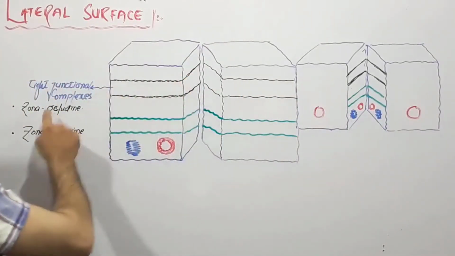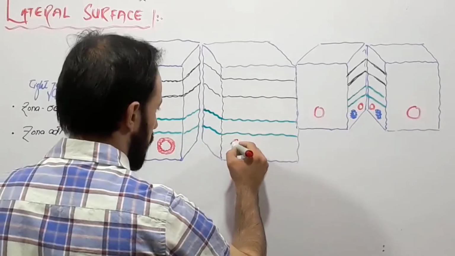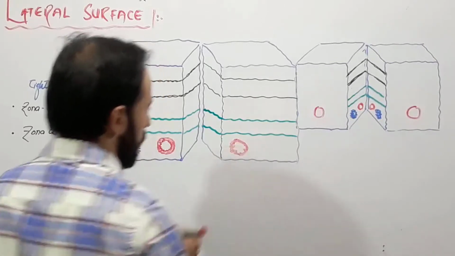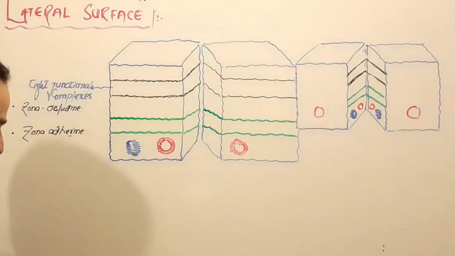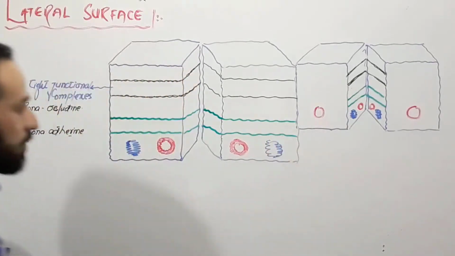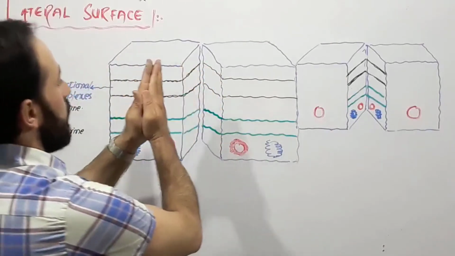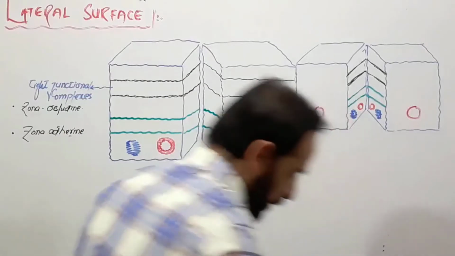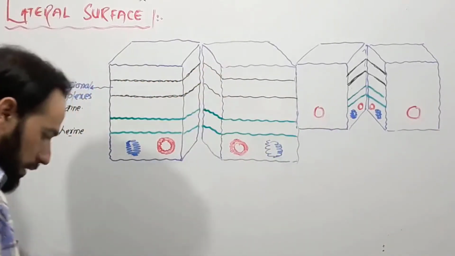This is zona occludens, and this is zona adherens, and then there are the channels or the connecting proteins which connect both the cells together and through which the cells exchange different substances with each other. And we will see also what the structures are here. Now if we join them together, they will make straight and strong connections between each other, right friends. So let us see about the proteins which are present here.